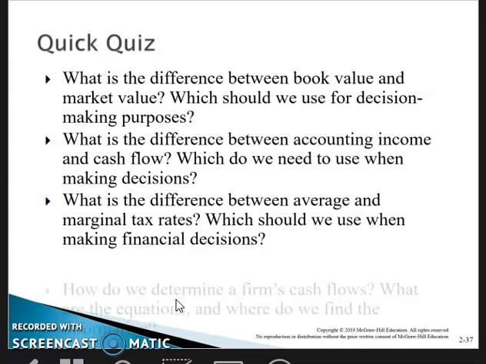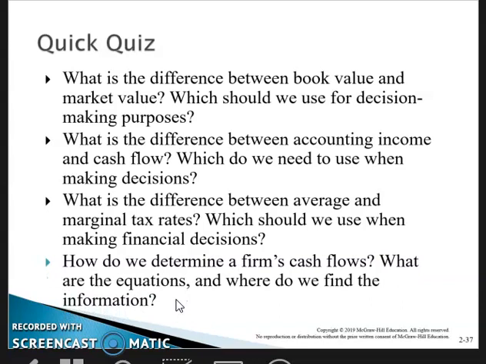And then finally, how do we determine a firm's cash flows? The first thing we want to do is calculate operating cash flows. That's our EBIT plus depreciation minus the current portion of taxes. Then we calculate net capital spending, so acquisitions of fixed assets minus the sales.